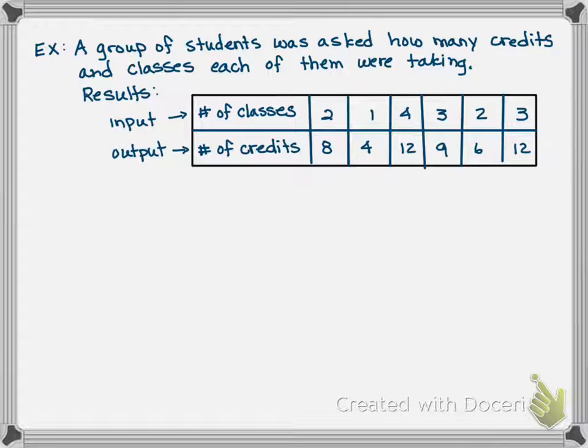So there's a couple different ways I can express this set of information. What this really is, is just a set of ordered pairs. So we can write it as a set of ordered pairs.